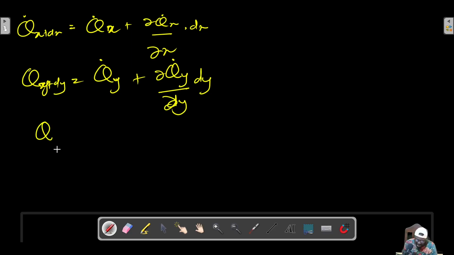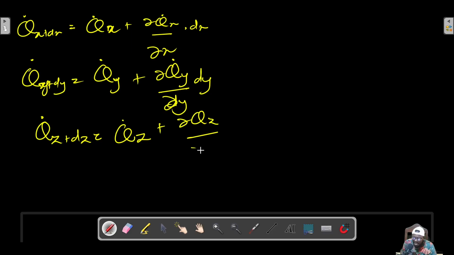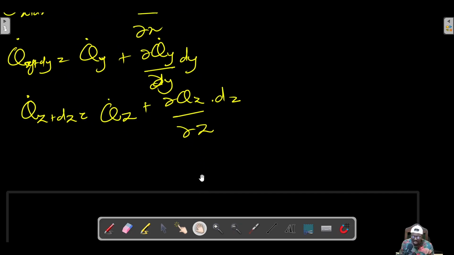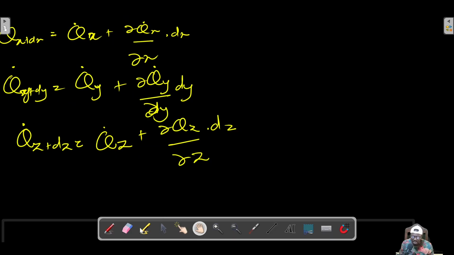Similarly, Q subscript z plus dz is equal to Q subscript z plus del Qz divided by del z times dz. These are rate quantities.